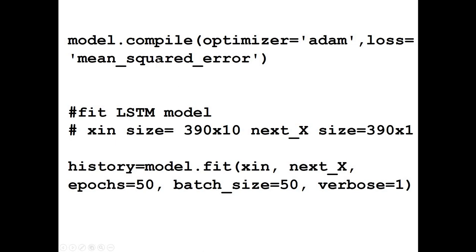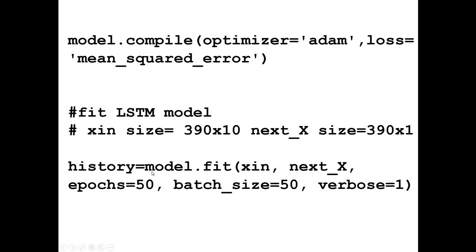Now you come to the real model.compile. You are using an optimizer called Adam and you are using MSE, mean square error, for the loss function. And you are now having an input X_in with 390 by 10, that is 390 rows and 10 columns.